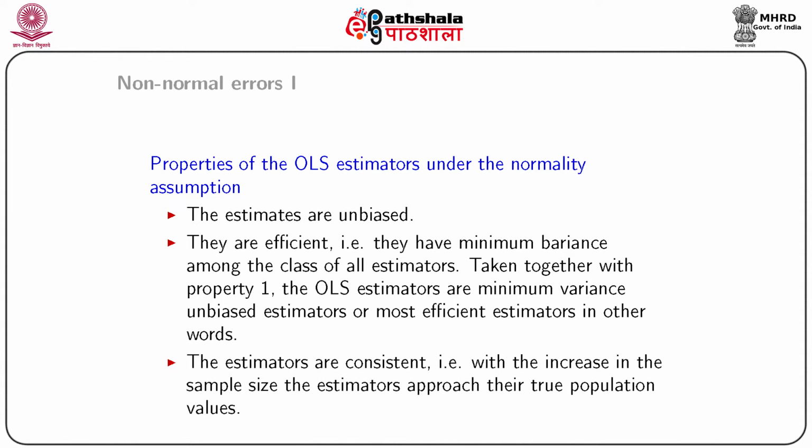Second, they are efficient. When I say they are efficient, it means that they have minimum variance among the class of all estimators. So, taken together with property 1, the ordinary least square estimators are minimum variance unbiased estimators, or most efficient estimators in other words.